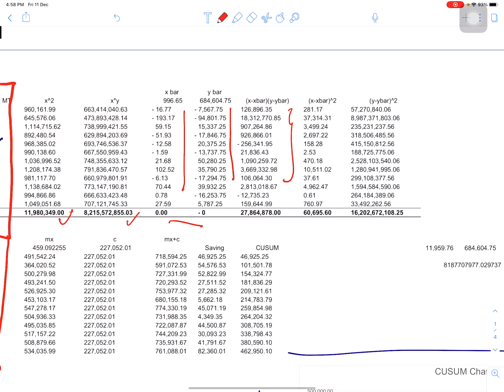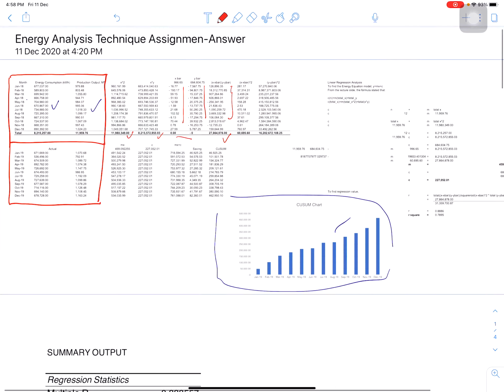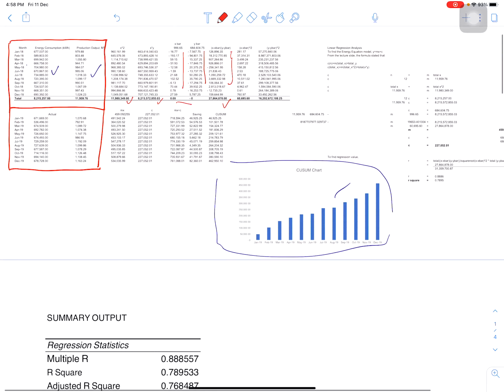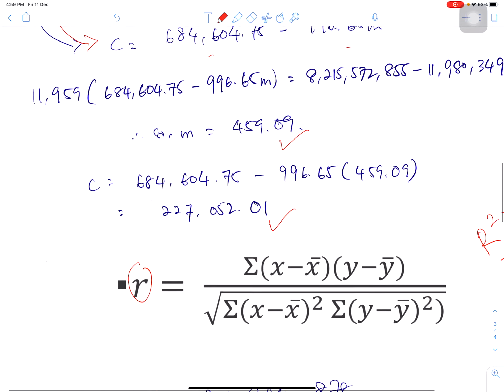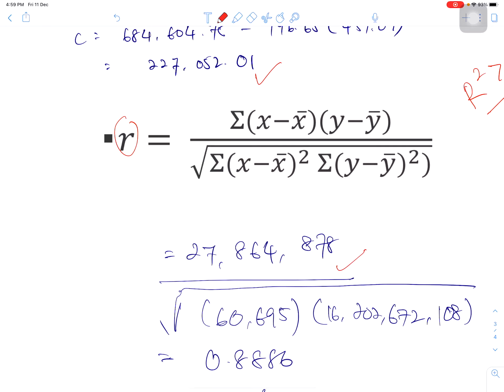Add up these values, and the total of x minus x average times y minus y average, I put here 27 million. So this 27 million is divided by the total of x minus x average square times the total of y minus y average square.